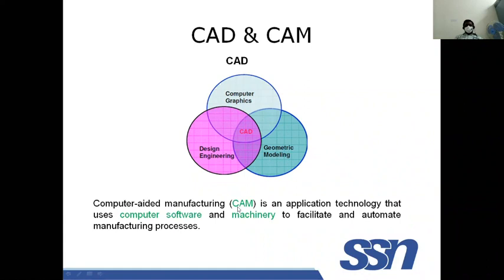Computer-aided manufacturing: by using software, you generate CNC and NC codes, and you take care of all the manufacturing activities with the help of computer software and network. This is known as computer-aided manufacturing.